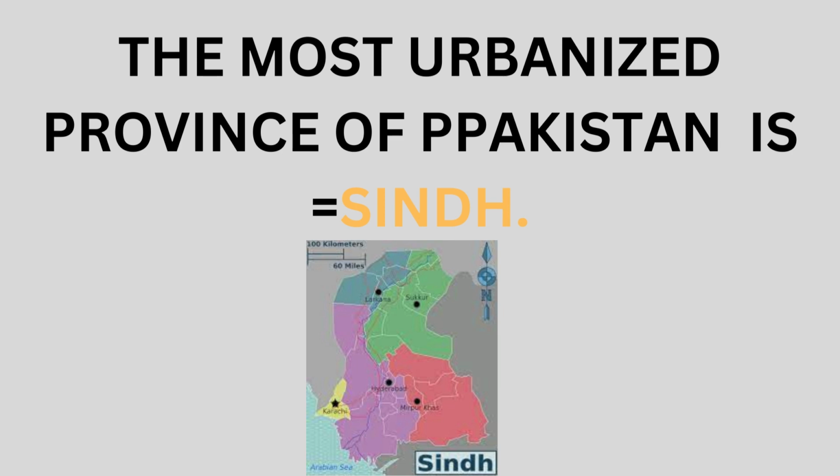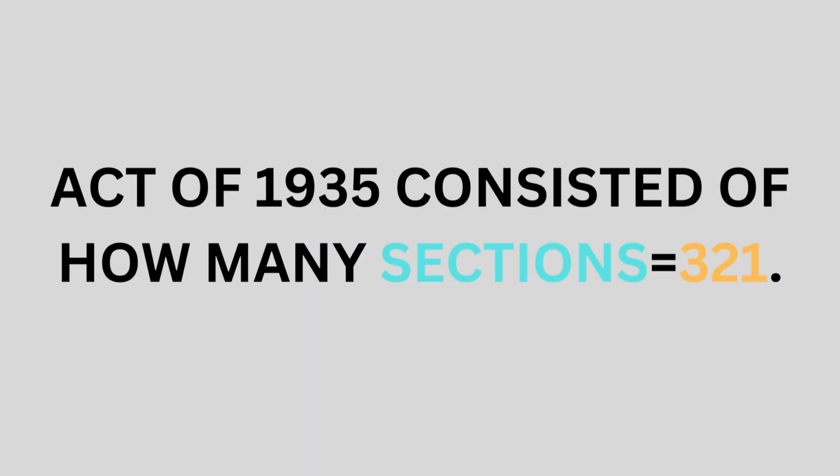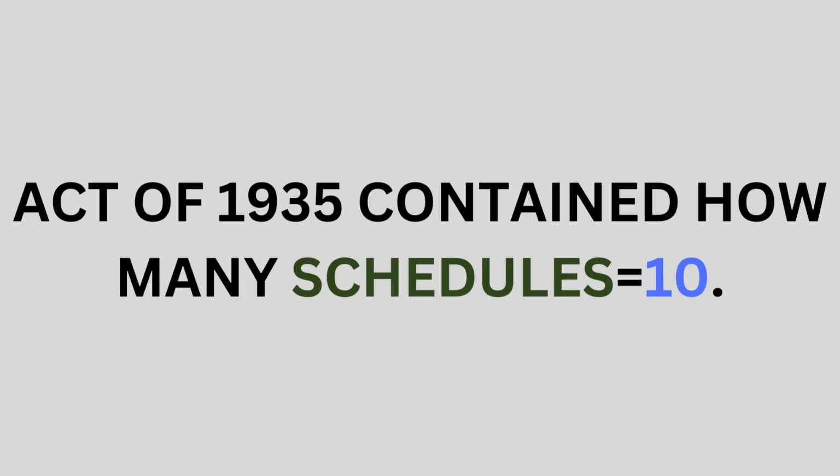So Karachi is the major metropolitan city in Pakistan. And the Act of 1935 consisted of how many sections? So there are a total of 321 sections in the 1935 Act. And the Act of 1935 contained how many schedules?